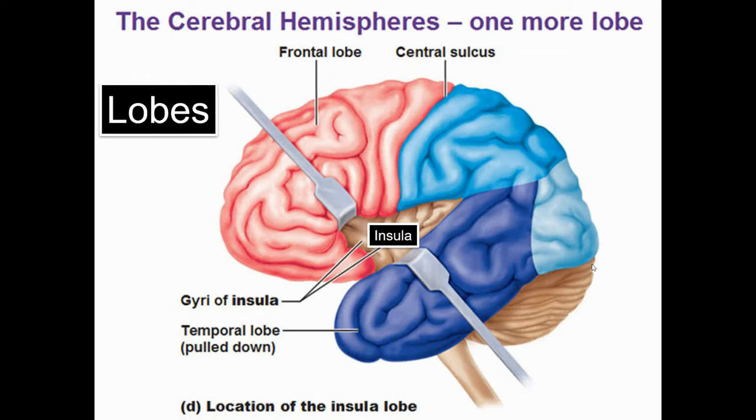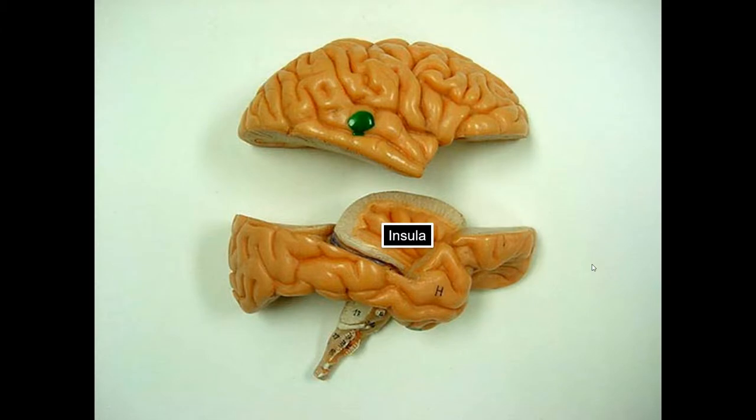There's also a fifth lobe of the cortex, but it's not visible from the surface because it's actually located inside the lateral sulcus. You would have to spread apart the lateral sulcus in order to see it. And so it's sort of insulated, and so we call it the insula. Now, our brain models don't come apart, but this one does.